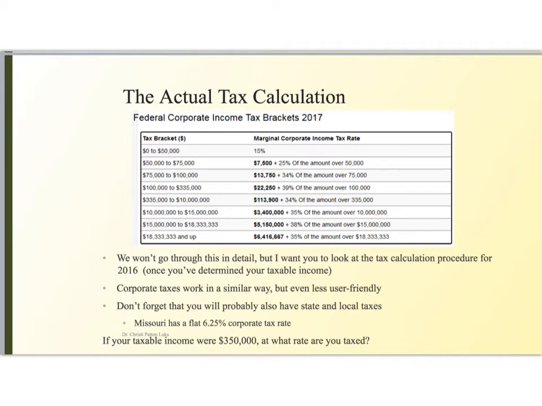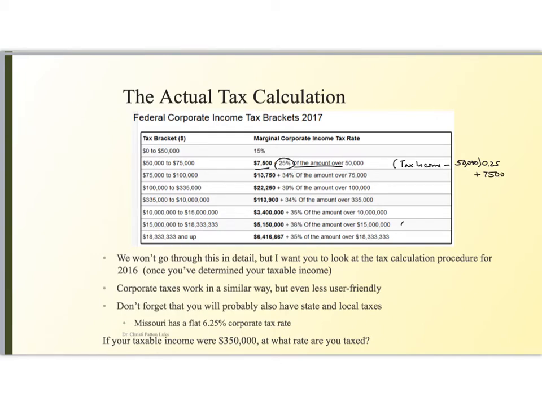So when it says "of the amount over," what that means is we're going to take the amount, so our taxable income, we're going to subtract off this $50,000. We're going to multiply that by, in this case, 25%. And then we're going to add to that $7,500.